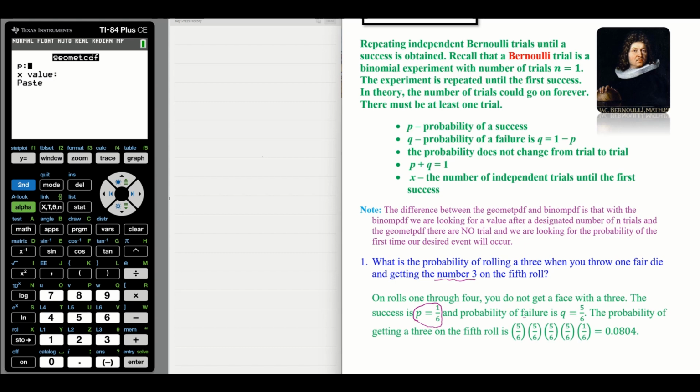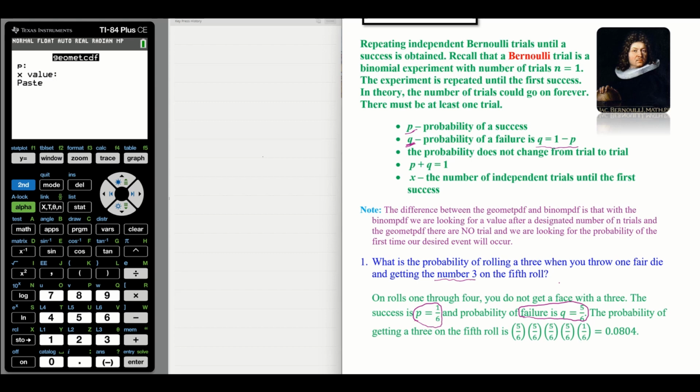With success, we also have a possibility of failure. Note, this is Bernoulli, so that means we have to acknowledge our successes and our failures. And there's our formula to get our failures. That's pretty obvious.